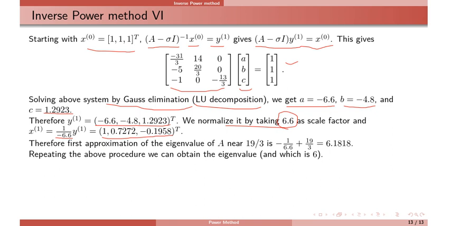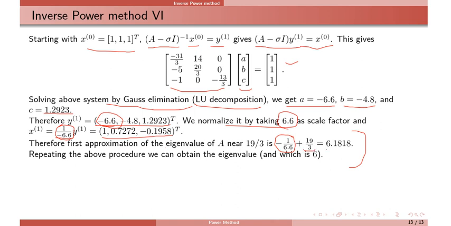I have done only one iteration. If I stop at one iteration, the number that you have taken outside, minus 6.6, is the largest eigenvalue of A minus 19 by 3 I. Just find the reciprocal of it, 1 by this, and add 19 by 3.